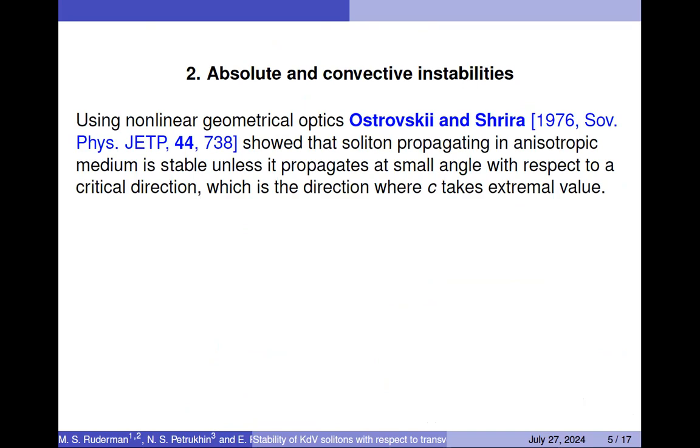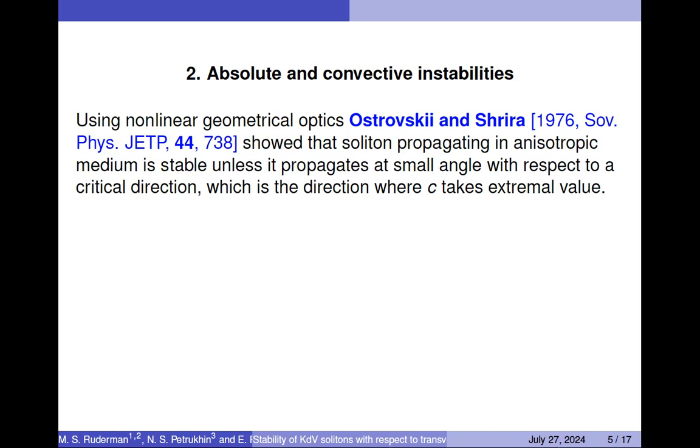However, Ostrovsky and Shrira also, very long ago in the last century, used methods of nonlinear geometrical optics, and they showed that solitons propagating in anisotropic medium are stable unless they propagate at small angles with respect to a critical direction.